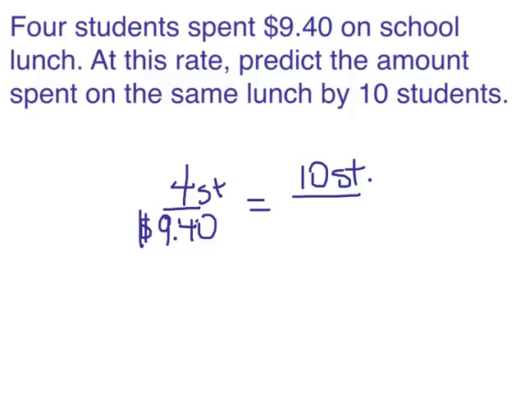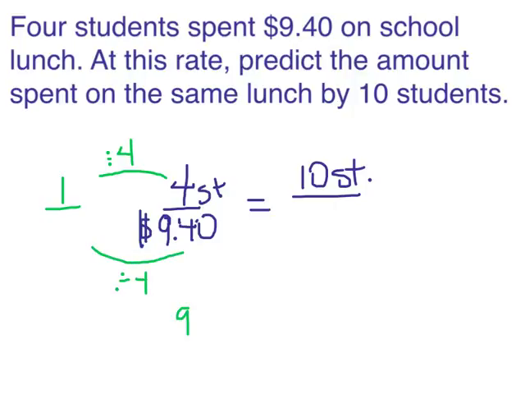In the second method, solving the same problem, I can look at finding the unit rate. Since 4 does not go into 10 very easily, I can always look to see how can 4 turn into 1. And that would be easy to do by dividing by 4. I would do the same thing to this side.